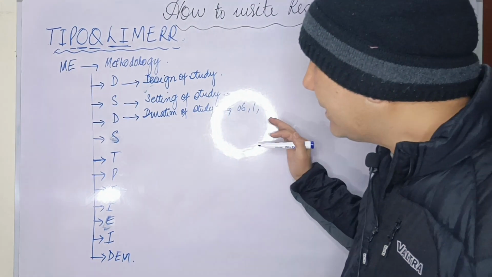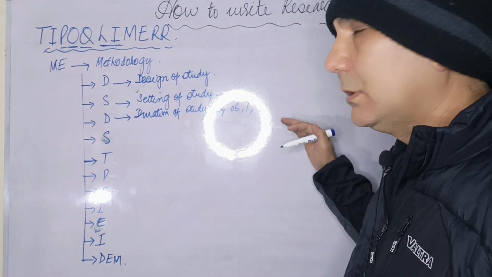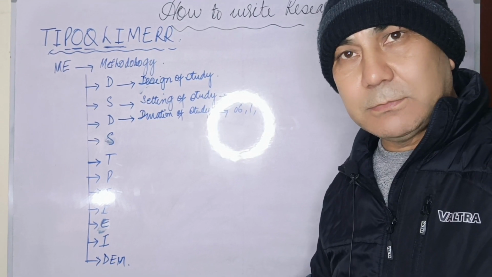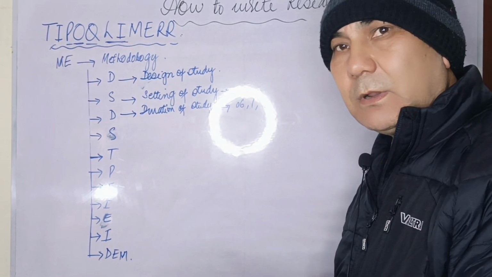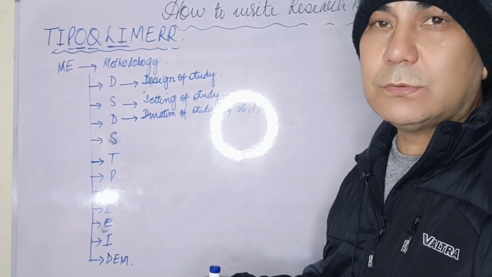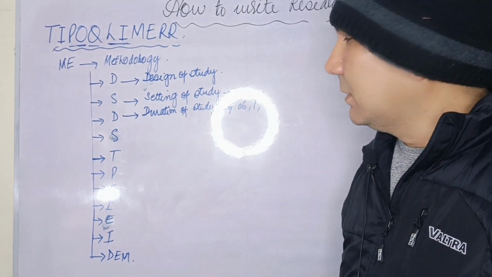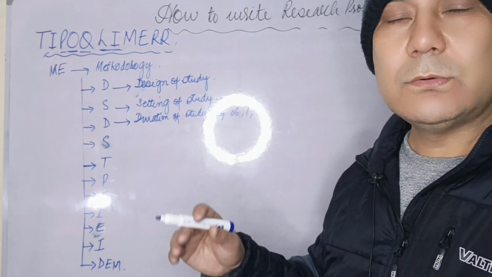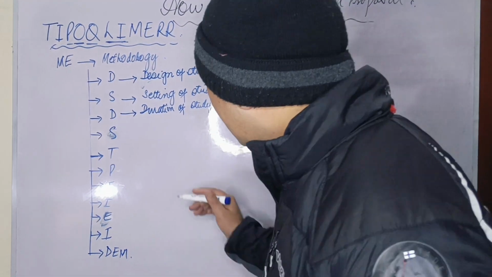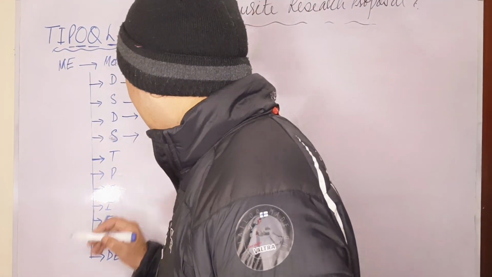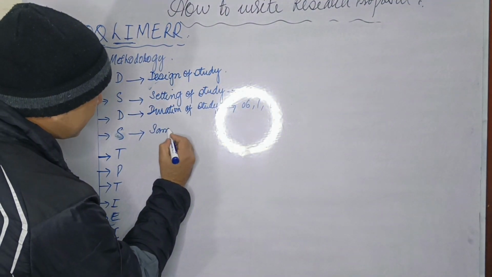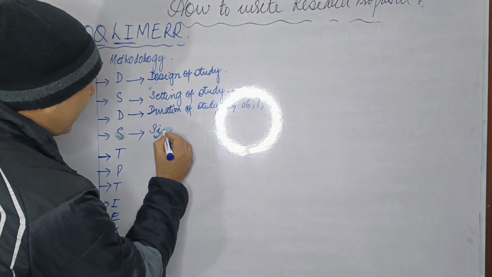You should write that this study will be carried out from this month till this month, maybe 4 months, maybe 6 months, from the month of December 2022, it will be carried out till June 2023.